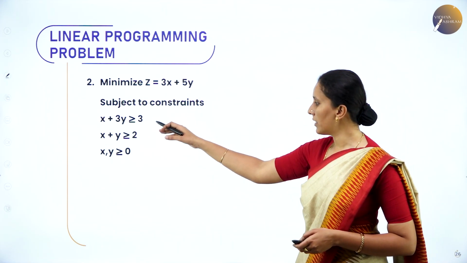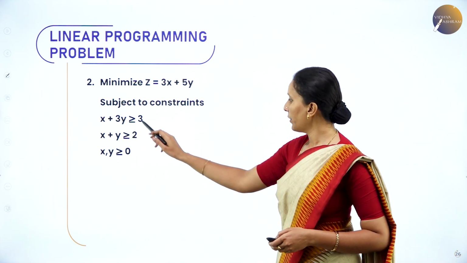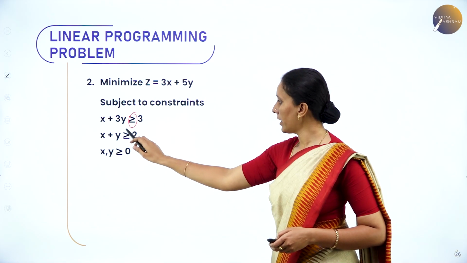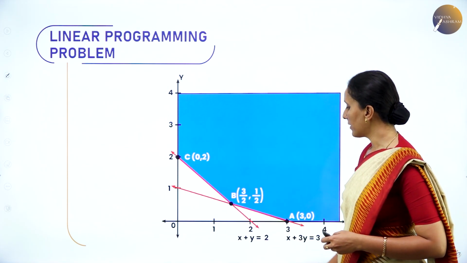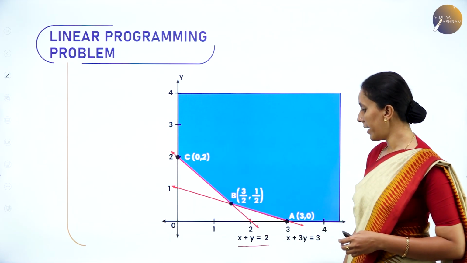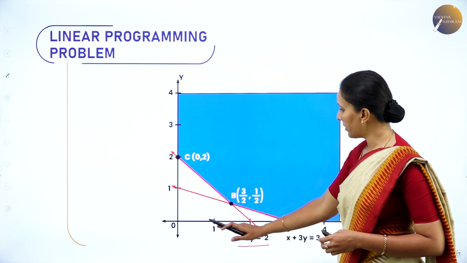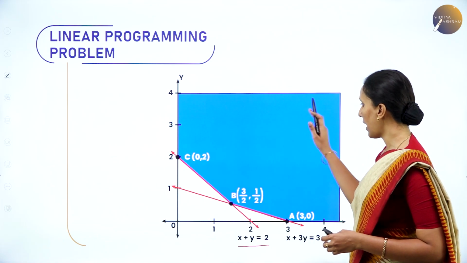If you plot this on the graph and recognize the feasible region, clearly you can see it is greater than or equal to 3 and greater than or equal to 2. Now the graph looks like this when you take the values here. This line represents x plus y greater than or equal to 2, which means the region is above the line. For this line also the region is above the line.